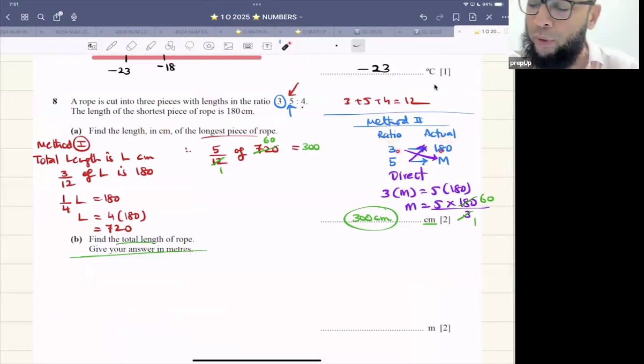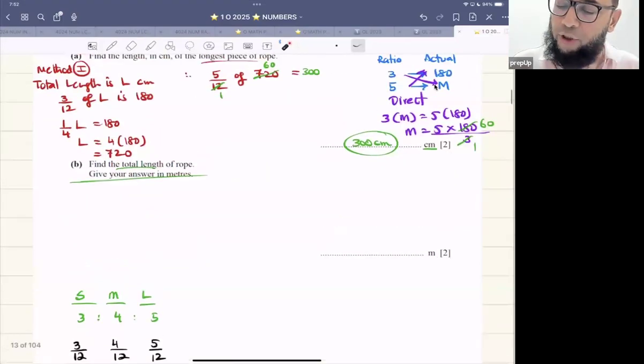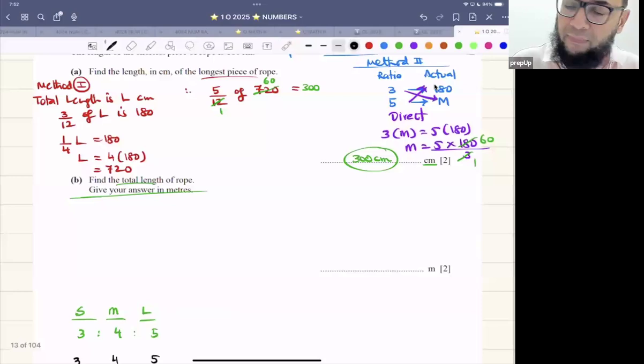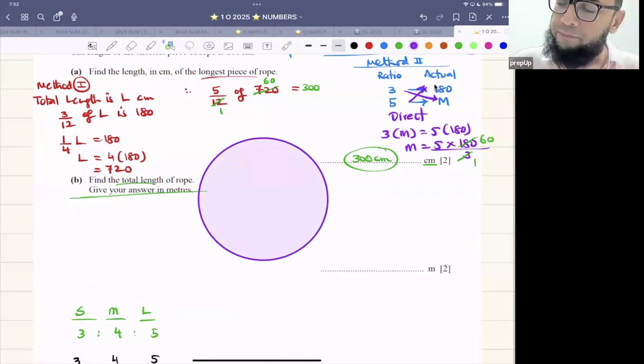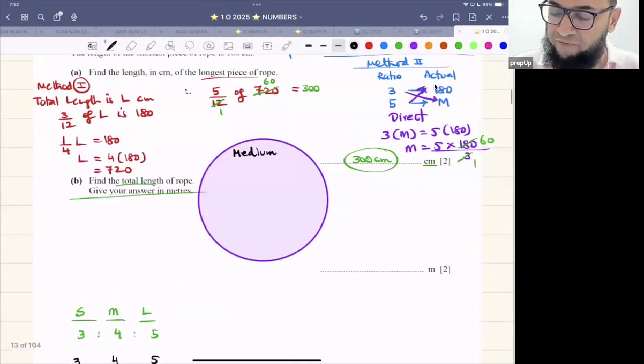3 corresponds to 180. 5 corresponds to M. So 3M is 5 into 180. Now let me ask this question: if they ask for the length of the medium piece, that is 4/12.